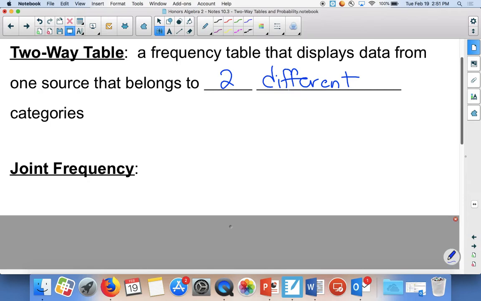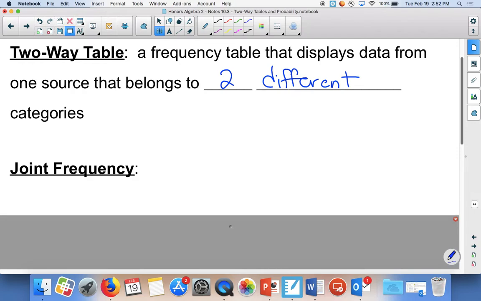Now, when we're talking about the individual frequencies, a frequency is just the data that you're collecting. Typically in an experiment you see these frequencies as tick marks and then they tally them all up. Well, we're just avoiding that specific piece of data collection, and we're just saying the numbers are your frequencies. So when I talk about frequencies, I'm talking about the numbers. You got to keep this stuff straight.